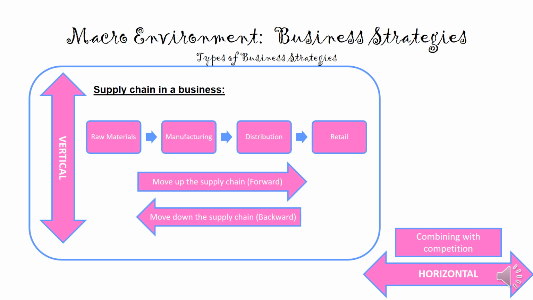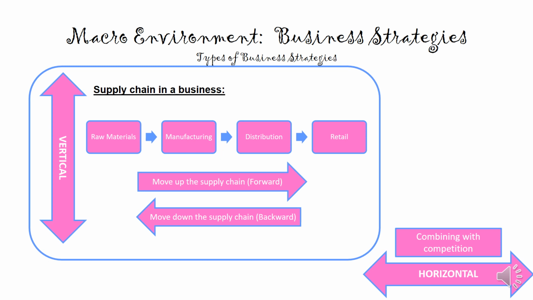So if, for example, we are in manufacturing and we use a different business to do our distribution, if we do forward vertical integration, we will basically merge with our distribution channel and we will take over the manufacturing as well as the distribution. We will start doing our own distribution.